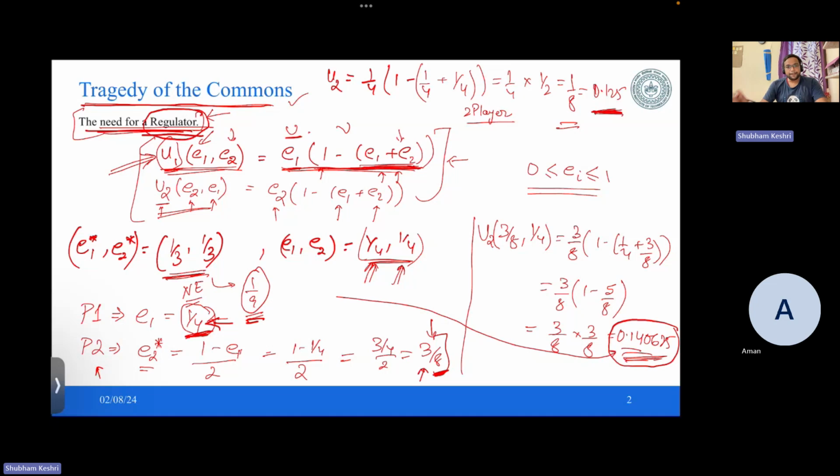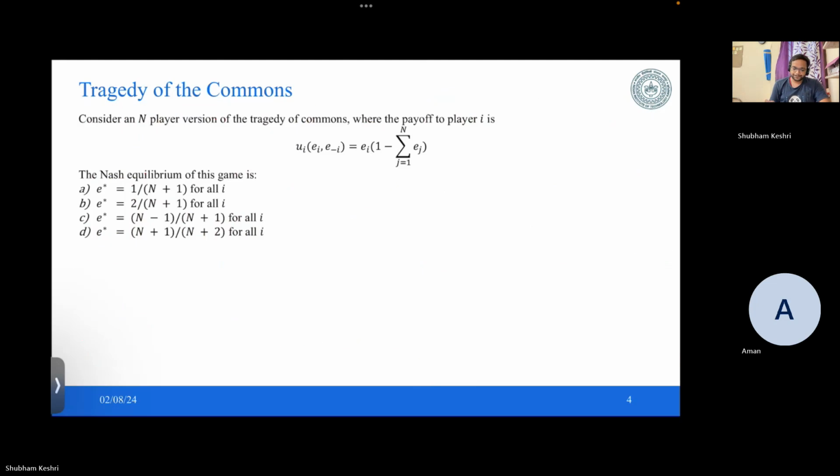Therefore, player 2 has an incentive to deviate to this strategy. And that is why you need a regulator. If you don't have a regulator, then they will actually move to Nash equilibrium, which has a payoff less than the Pareto optimal payoff. All right. So this is where the regulator comes into play.